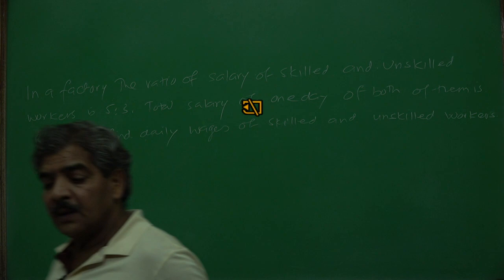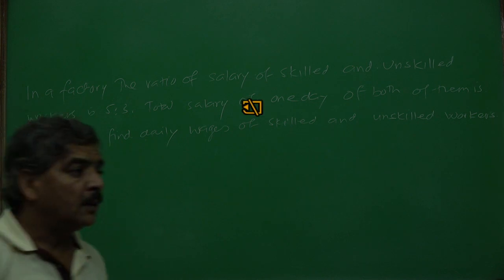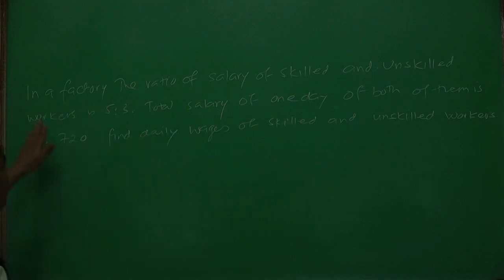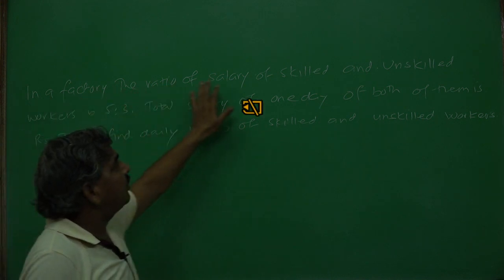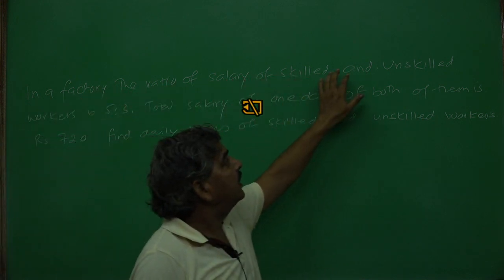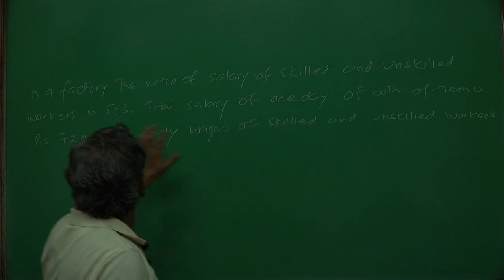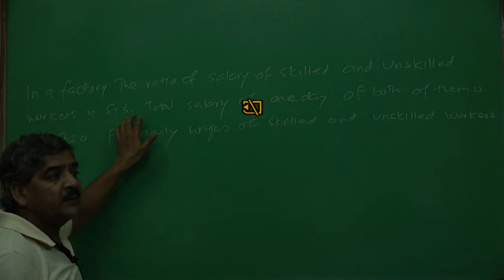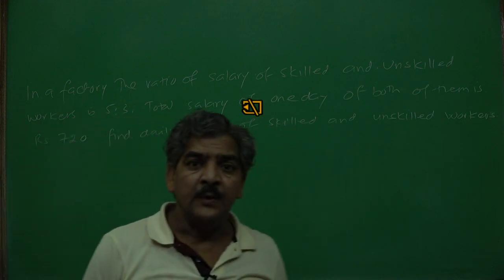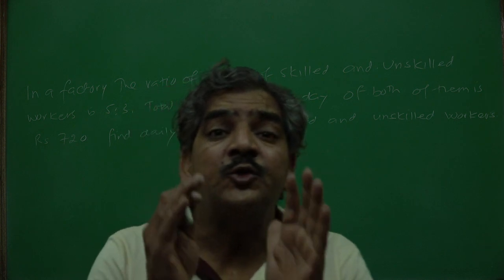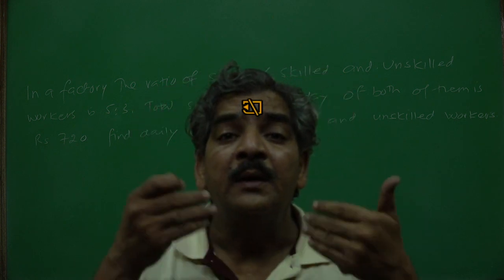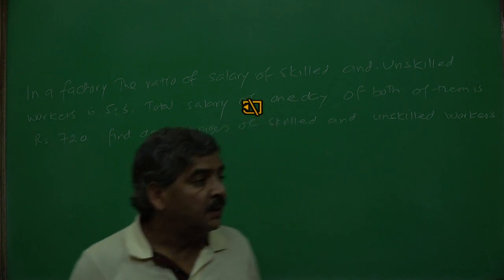Read the question. Question read करो. What is the question? In a factory, the ratio of salary of skilled and unskilled worker is 5:3. So, what is given? Ratio of the salary of skilled and unskilled person is given.